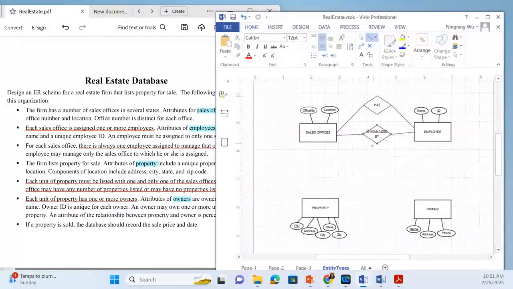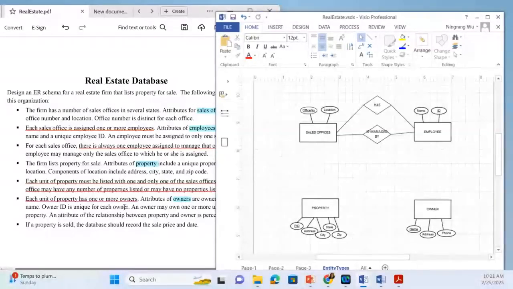So this is actually showing that, as in the last example, the company database, between two entity tabs we may have more than one relationship tab. So here between sales office and employee, we have two entity tabs, okay, two relationship tabs.